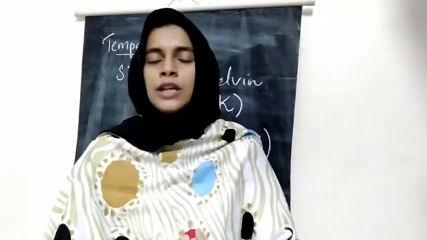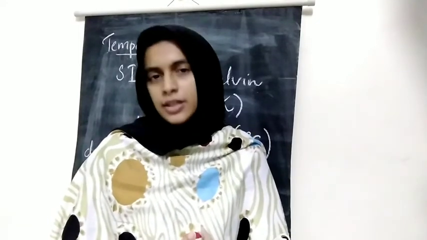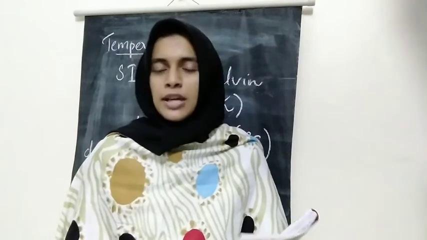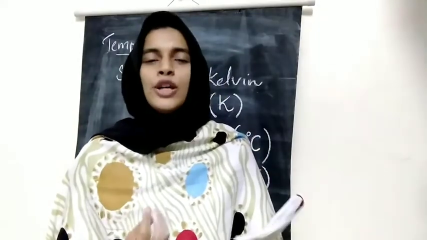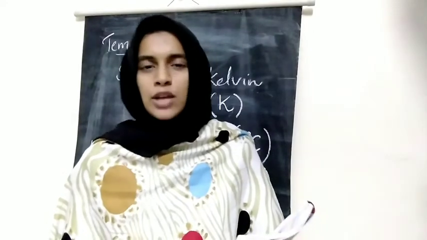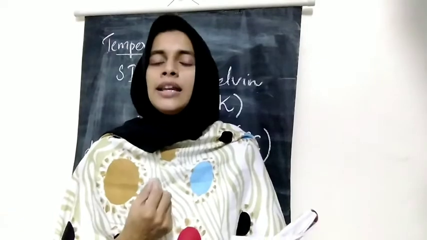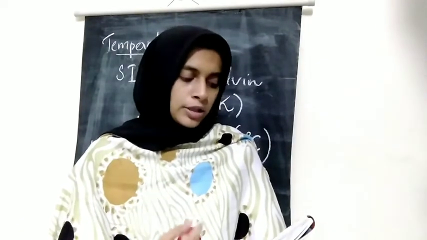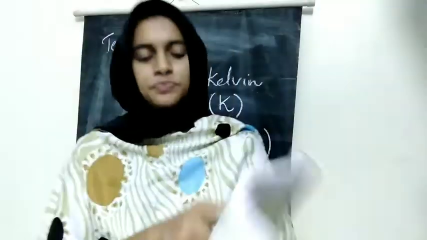These thermometers you can find only in laboratories. While performing experiments, they have to know the temperatures of the objects they are using, so they use a laboratory thermometer. You can see it in your textbook.